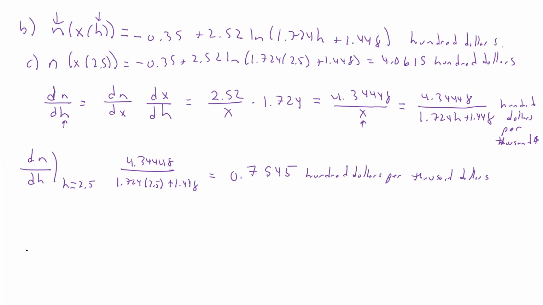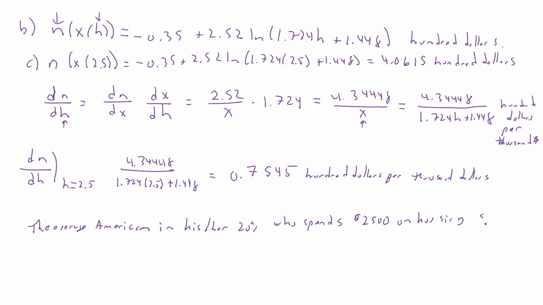Now it says we need to write a sentence of that. And so I'm going to say the average American in his or her 20s who spends $2,500 on housing spends, let's see, what was that number? 406.15.